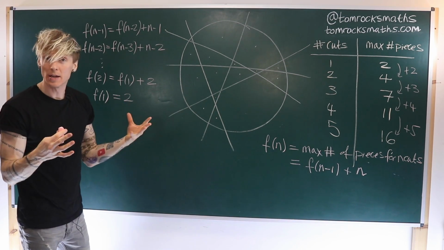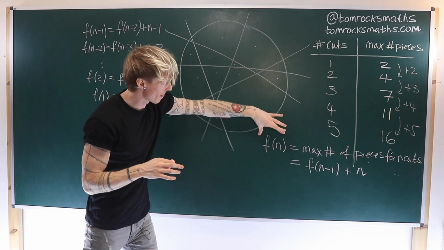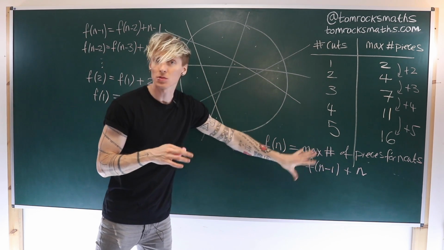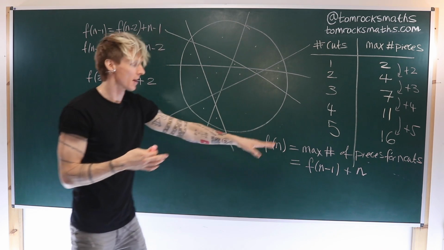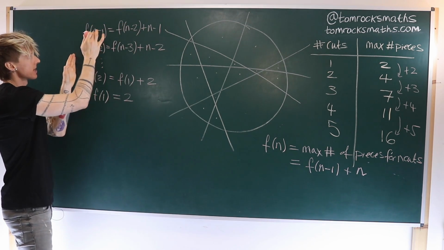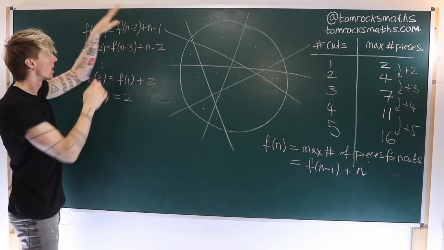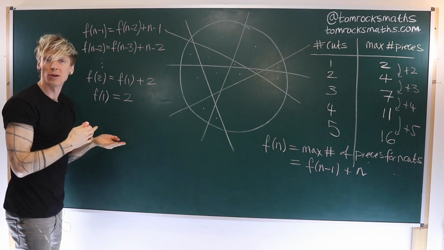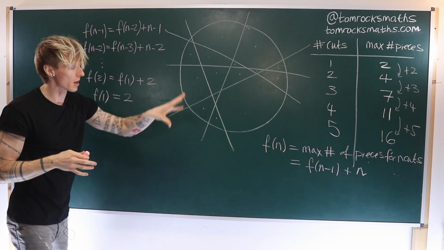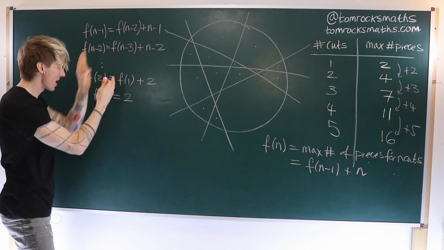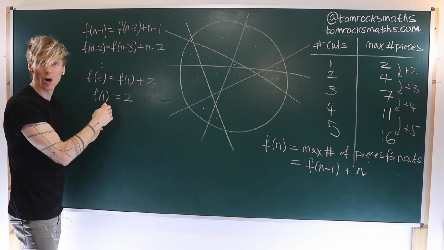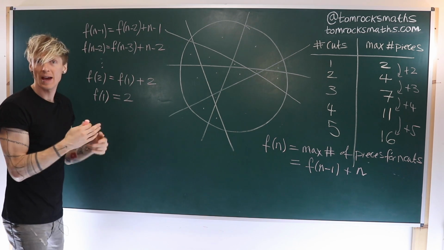So what we've done is to work from f of n in terms of f of n minus 1, which is some general value, any value of n. And then we can actually express n minus 1 in terms of n minus 2, and we can just continue to count down, knowing that no matter how high of a value of n we start at, we will eventually get down to f of 1, and we know the answer for f of 1.